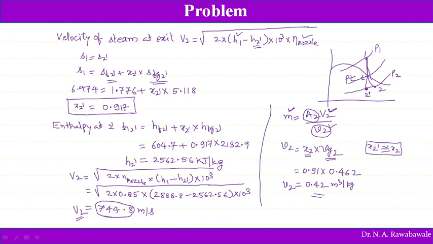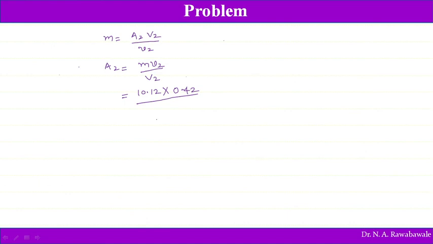Now on simplification we get this as 5.706 into 10 to the power of minus 3 meters square, or else we can write this as 0.005706 meters square.